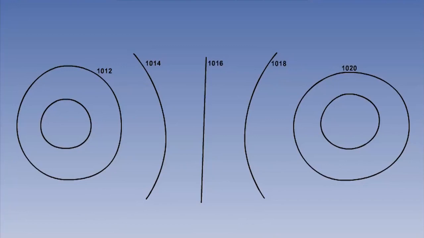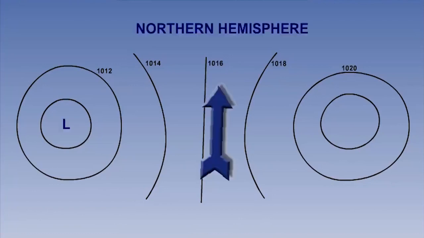Look at the diagram of a surface pressure chart and the values on the isobars. You will see that a low pressure must be to the west of the diagram, so pressure is decreasing in that direction. Therefore, using Buys Ballot's law, the wind must be blowing from the south to the north. That is, a southerly wind.